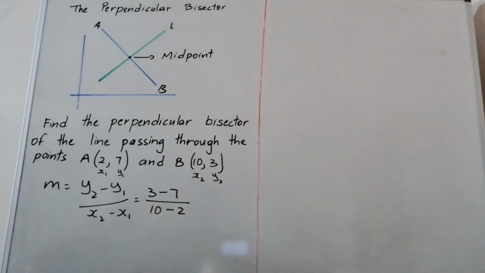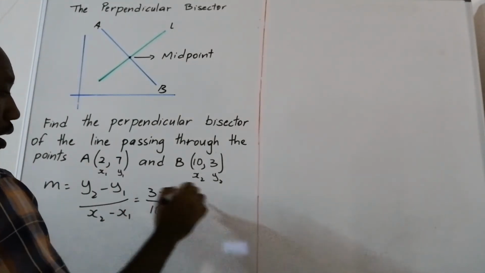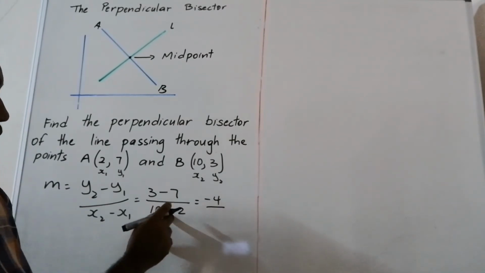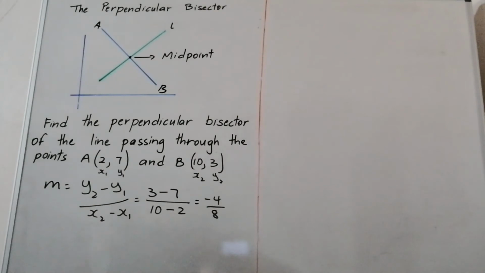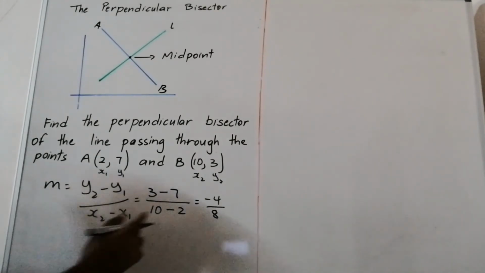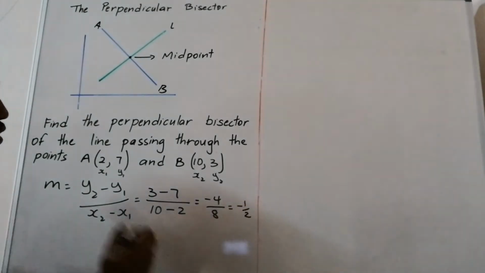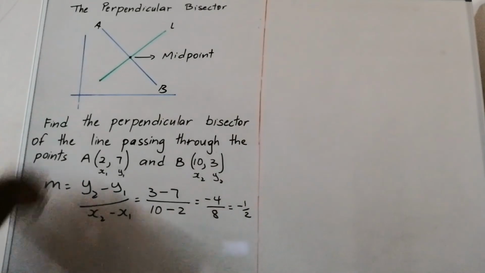That will give us -4 over 8. So our gradient, when we reduce that, will be -1/2. So we have the gradient of the line AB.